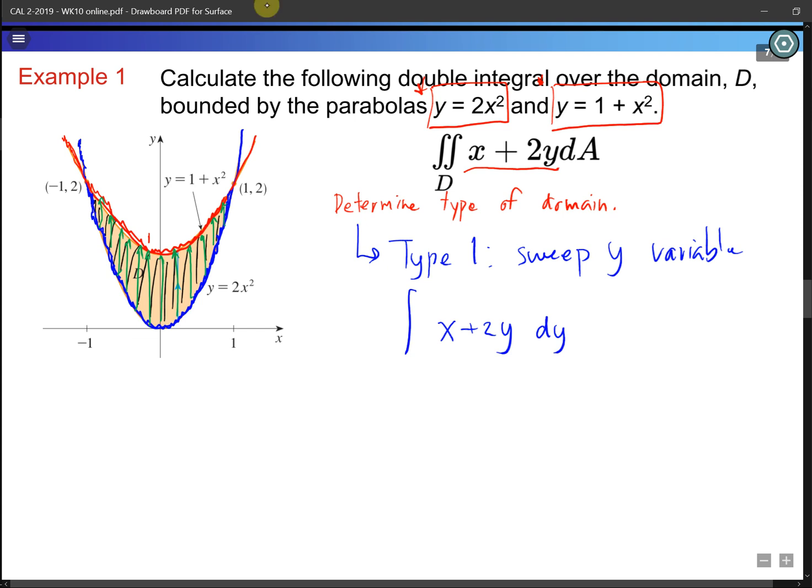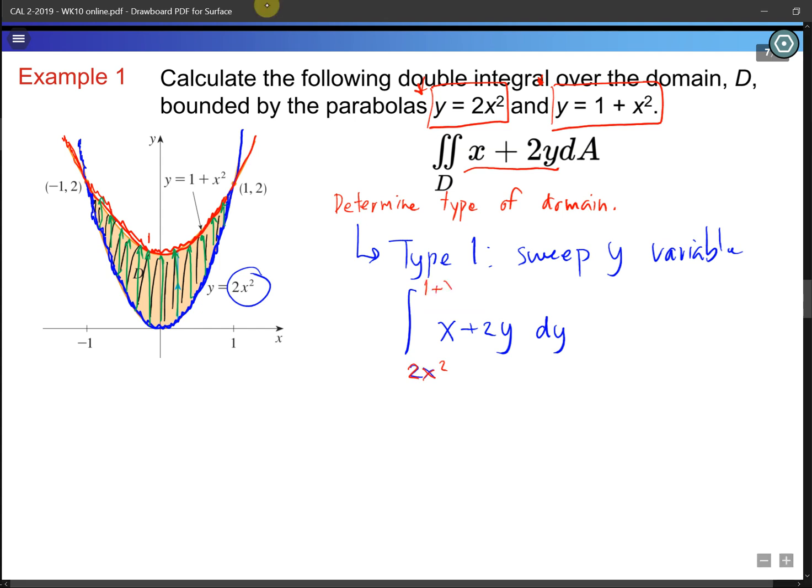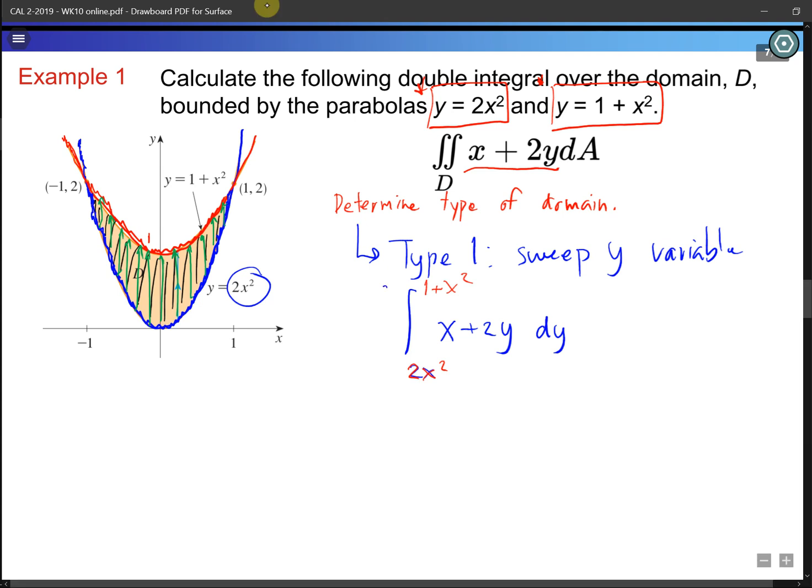So I'm going to sweep the y variable from the lower function, and the lower function is 2x squared, and then I'm going to sweep to the upper function, which is 1 plus x squared.